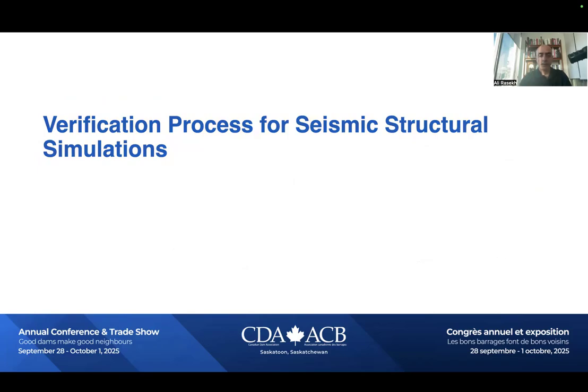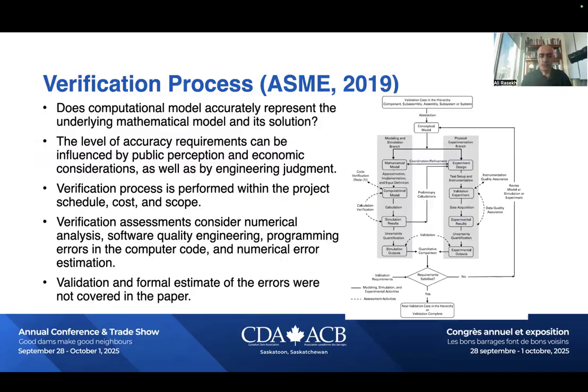Now, describing what the verification process for seismic structural simulations has been. The basis of the verification is the ASME 2019 publication on verification and validation, which has rigorous definitions of verification versus validation.